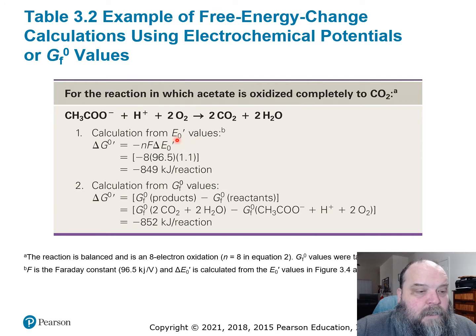You can calculate it using the reduction potentials, or what they refer to as delta GF, which is another constant based on delta G: what's in the products and what was in the reactants you began with.